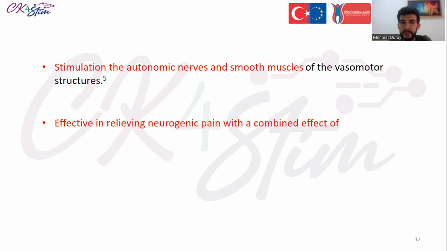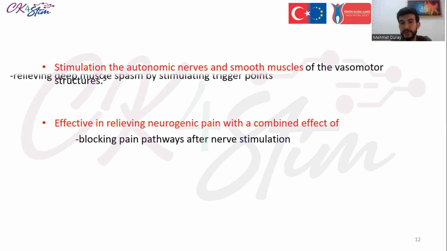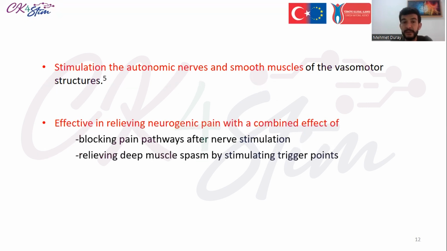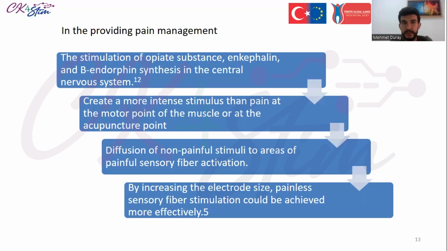The current is effective in relieving neurologic pain with a combined effect of: one, blocking pain pathways after nerve stimulation; two, relieving deep muscle spasm by stimulating trigger points; and three, increasing post-feeding wound healing.